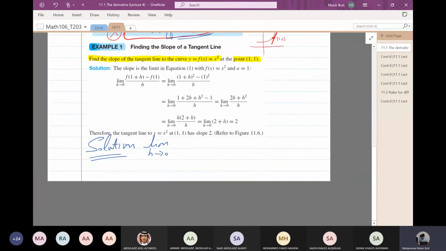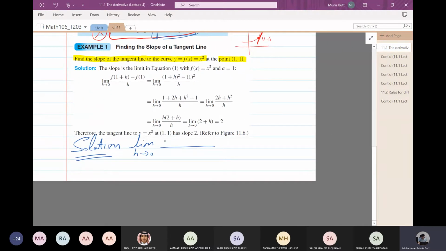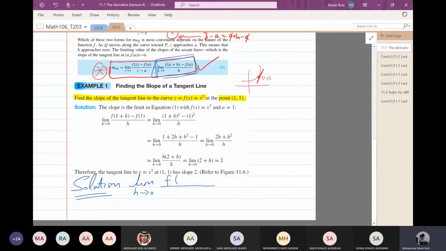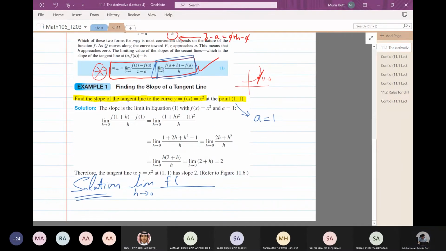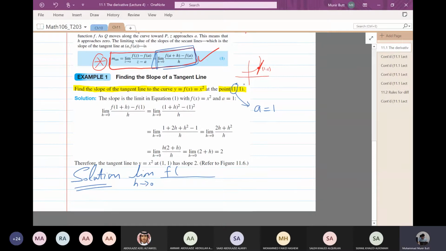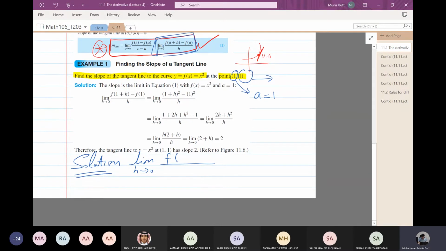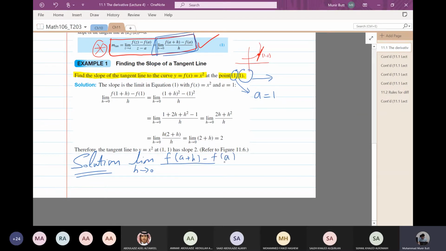This means we apply the formula f of a plus h. What is a here? It is 1, because this is the a point on the x-axis. So we have f of a plus h minus f of a, divided by a plus h minus a, which gives h.